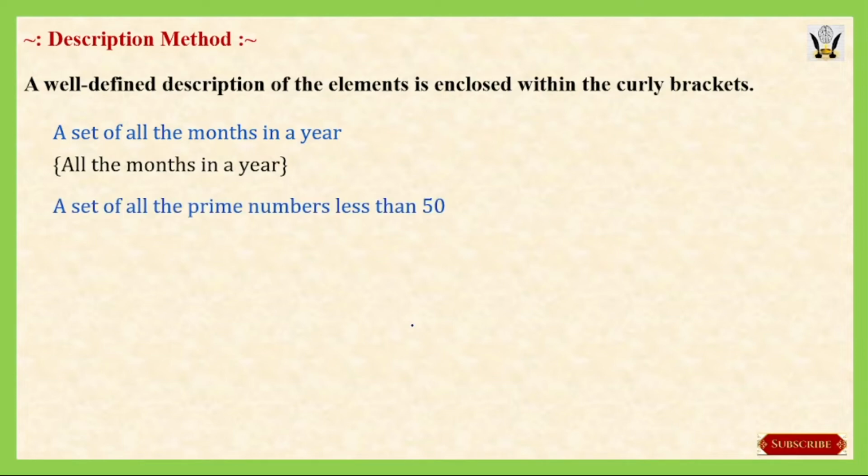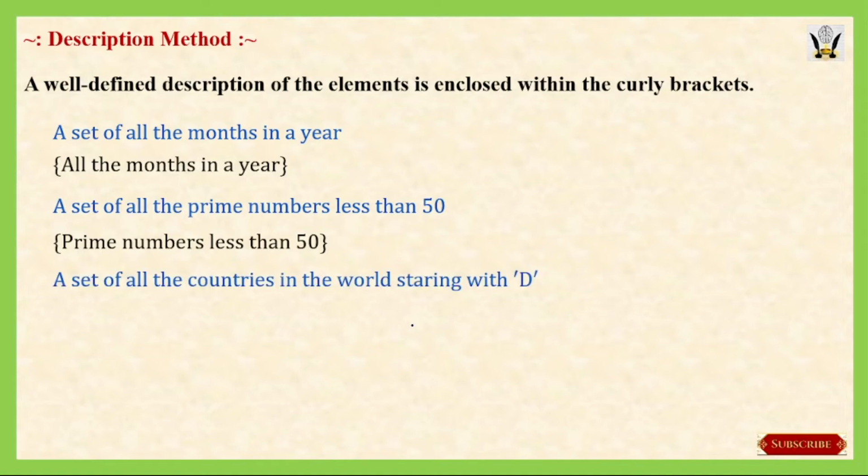Now, as a second example, we can take a set of all the prime numbers less than 50. When we describe the set, within the curly brackets we can describe it this way: prime numbers less than 50. That signifies that this set will include all the prime numbers which are less than 50, meaning till 49 we will consider.